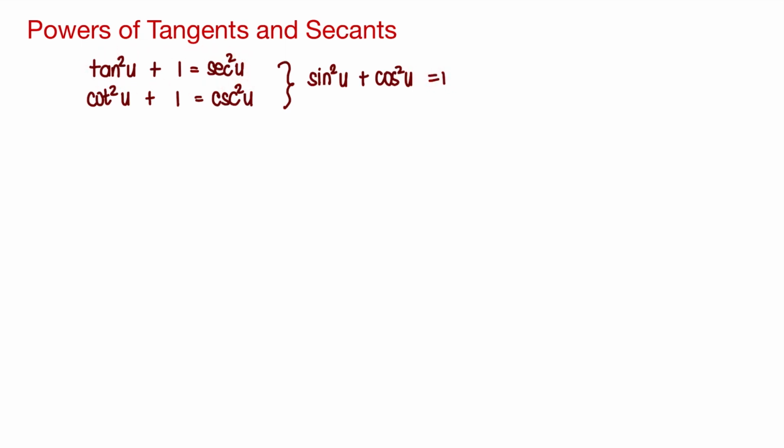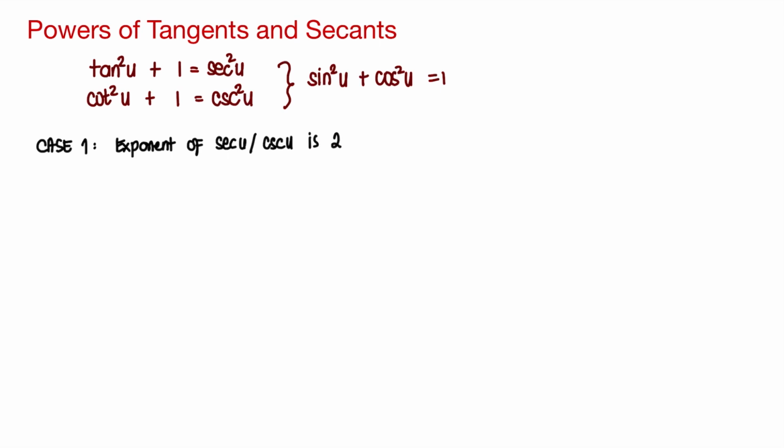So there are a total of four cases here for the powers of tangents and secants. Let's go to the first case. Case number 1 is if the exponent of secant u or cosecant u is 2.